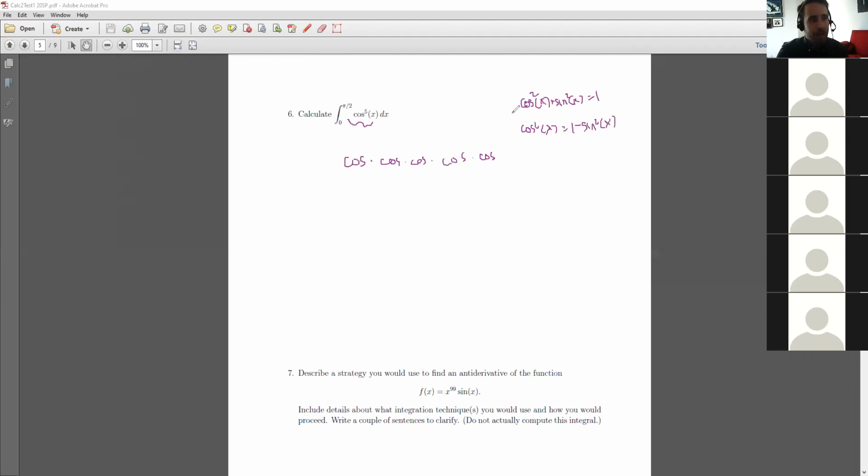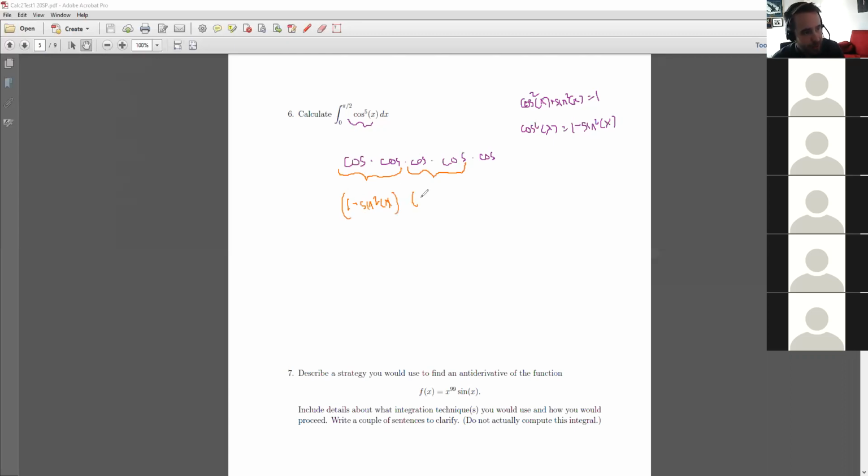And that can be really helpful in these trig identity style problems, because what we have here is an odd number of cosines, which means as I pair them off, this cosine squared becomes 1 minus sine squared.